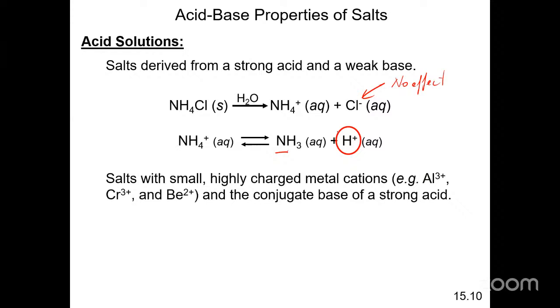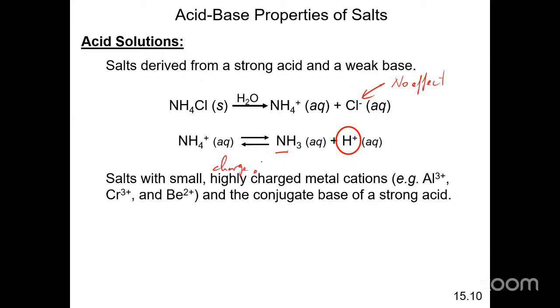Now, this is true also if you're dealing with salts which have a highly charged small metal cation. Basically what they're talking about here, there's a term in chemistry called charge density, right?